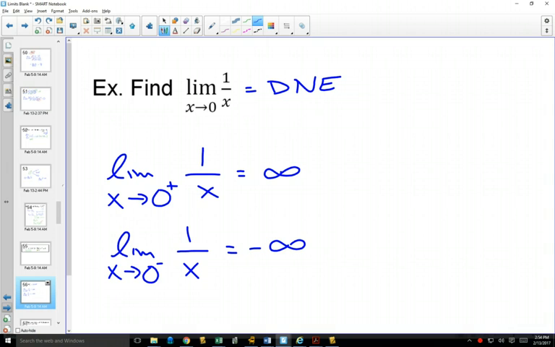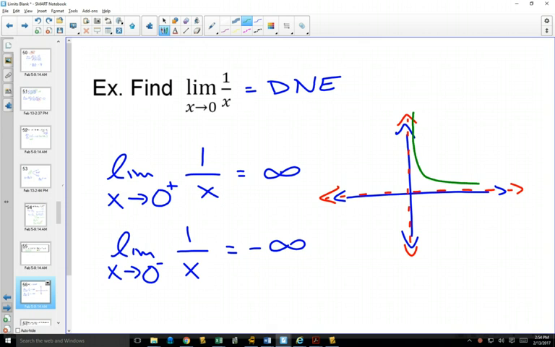If you think about your graph of 1 over x, you would have an asymptote here, and an asymptote here. Our graph on this side looks like this. Our graph on this side looks like this.